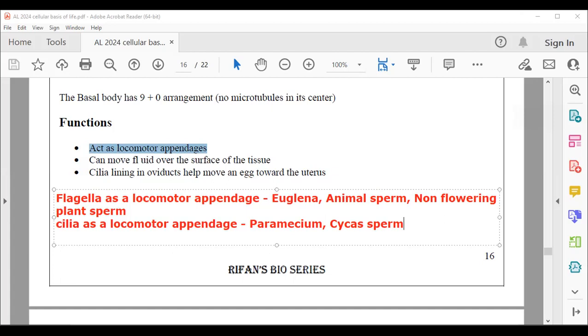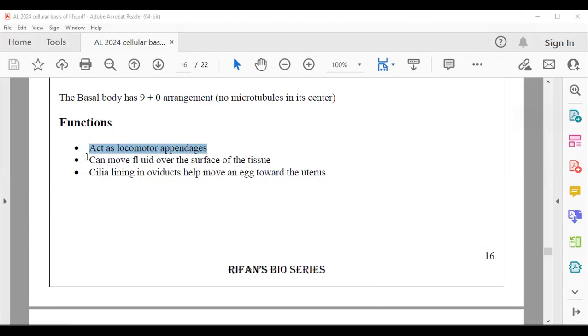Done, sir. Completed? Yes, sir. Right. What is the second one you pointed? Moving fluid over the surface of the tissue. That is done by whom? Cilia.